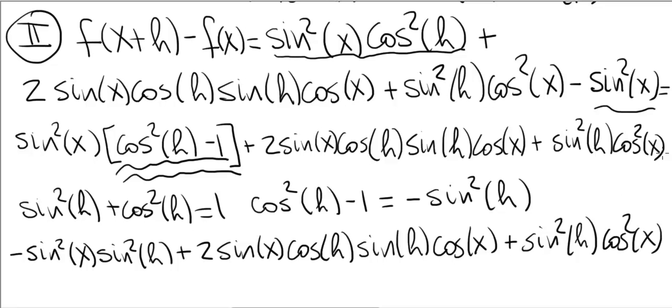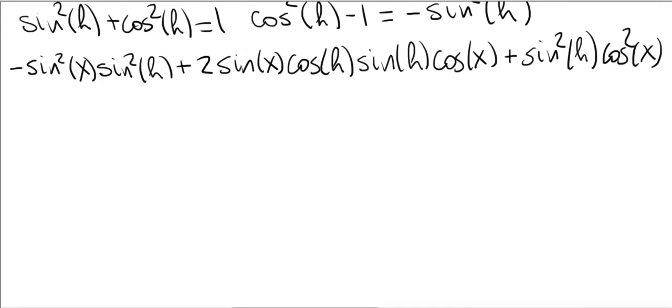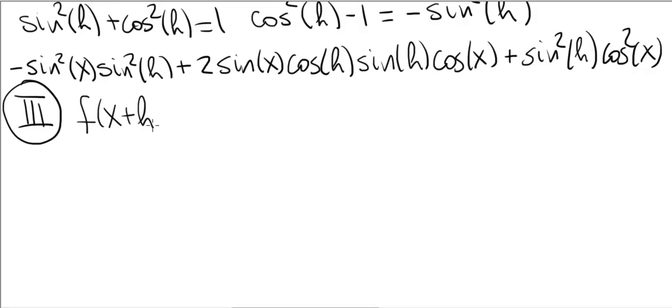Let's go to step number 3. Step number 3 involves just taking the result of step 2 and dividing it by h. We want to compute and simplify f of x plus h minus f of x, divided by h. Since there are 3 things that we have at the end of step 2 that are added, we're going to divide each of them by h.